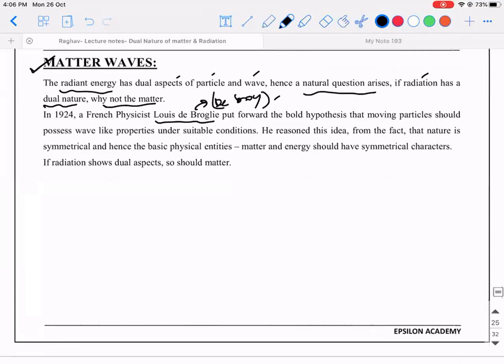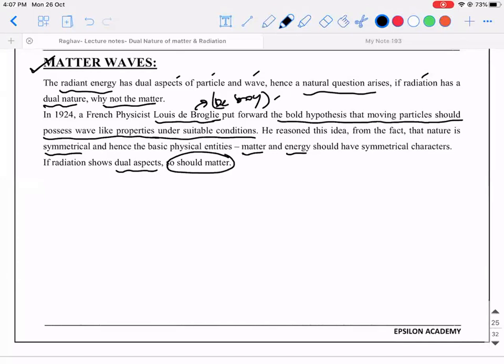In 1924, the French physicist de Broglie put forward the bold hypothesis that moving particles should possess wave-like properties under suitable conditions. He reasoned this from the fact that nature is symmetrical, and hence the basic physical entities, matter and energy, should have symmetrical characteristics. If radiation shows dual aspects, so should matter.